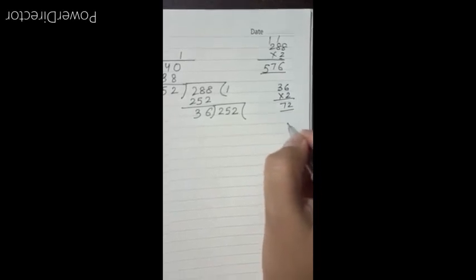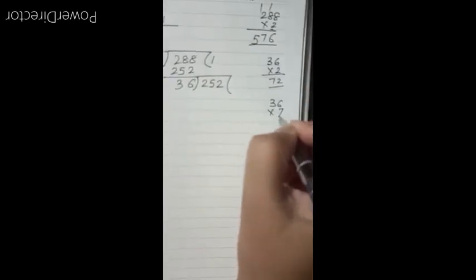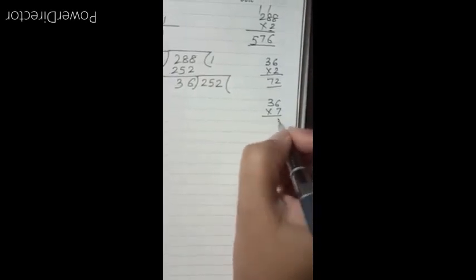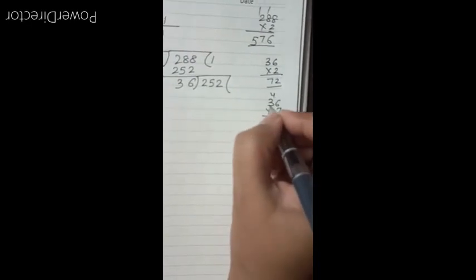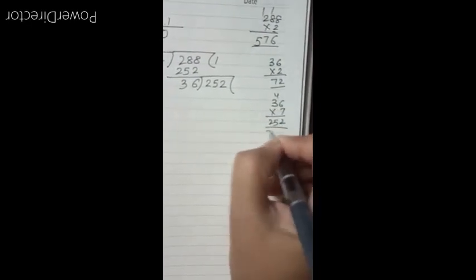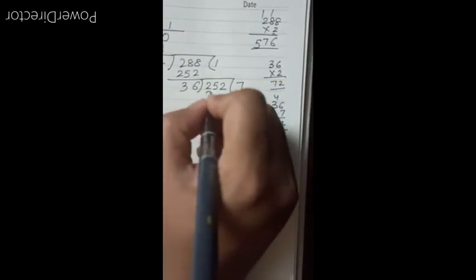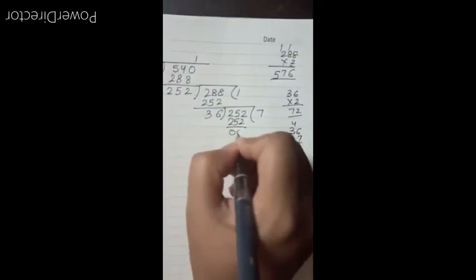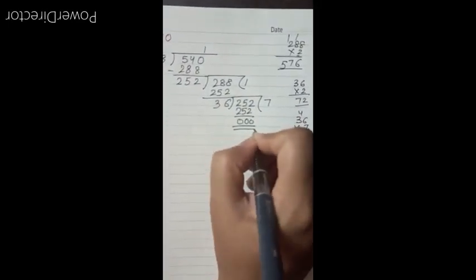So not possible. Then we'll try 7 because 7 6s are 42. So 7 3s are 21 and 4 is 25. So we got it. This will go 7 times 252 and we got remainder 0. That means we will stop here. And the last divisor is 36. That is our HCF, 36.